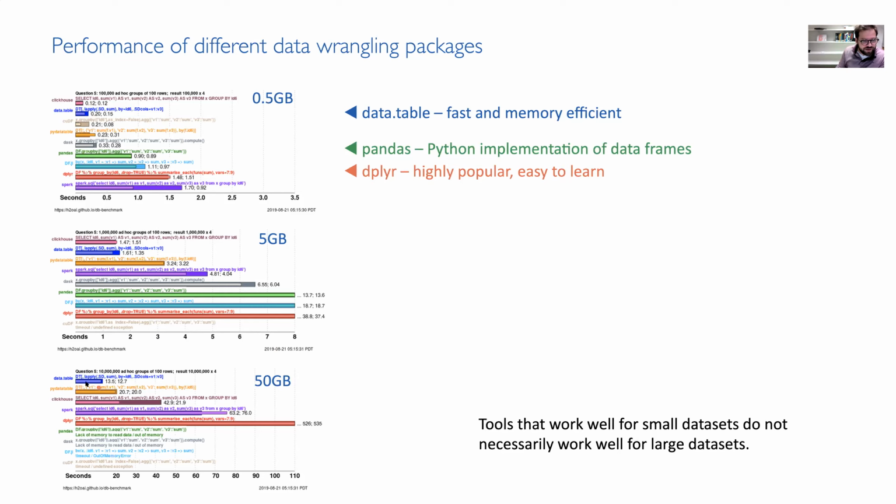Now suddenly there's a huge difference. A lot of these packages, a lot of these methods do not produce any result at all. They run out of memory, for example. And some of them, like this very popular one, take a huge amount of time. While others, especially this data table method here, perform very well.